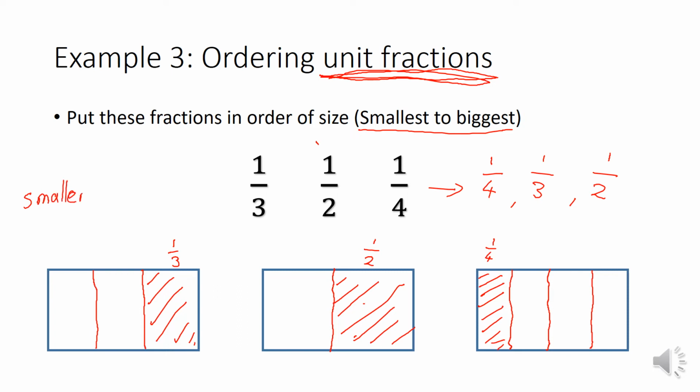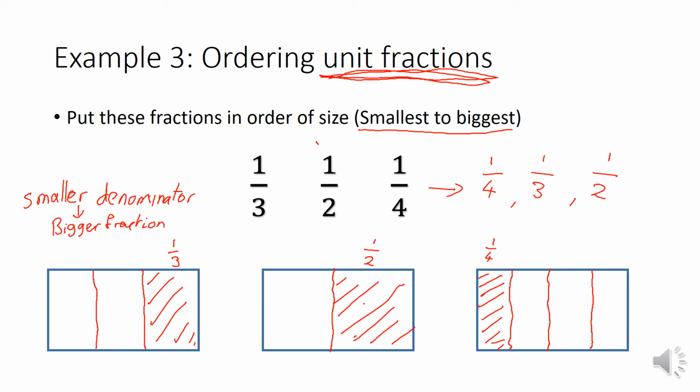Smaller denominator, bigger fraction. And I just want to make a note at this point. Smaller denominator if the numerator is the same. So if it's 1 for all of them, then the smaller denominator is a bigger fraction.